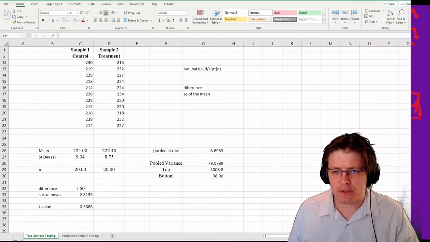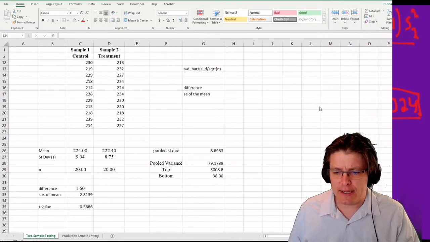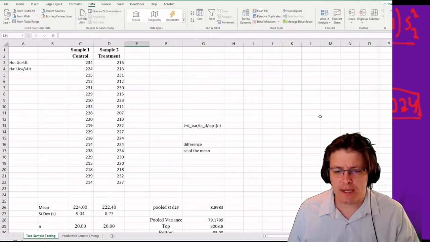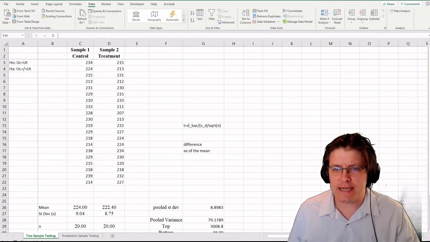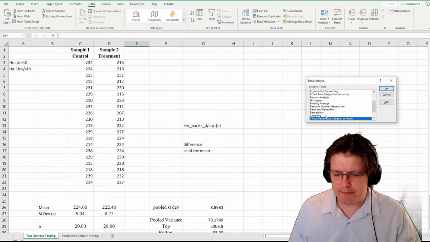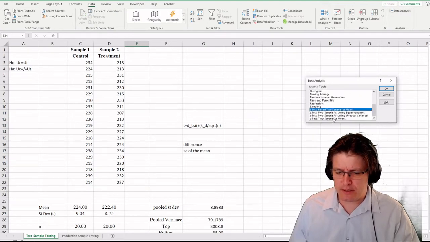If I click on the data tab, there we go. It's still hidden. It's in the data analysis tool pack. There are actually other built-in Excel versions as well, but these tend to work even slicker.